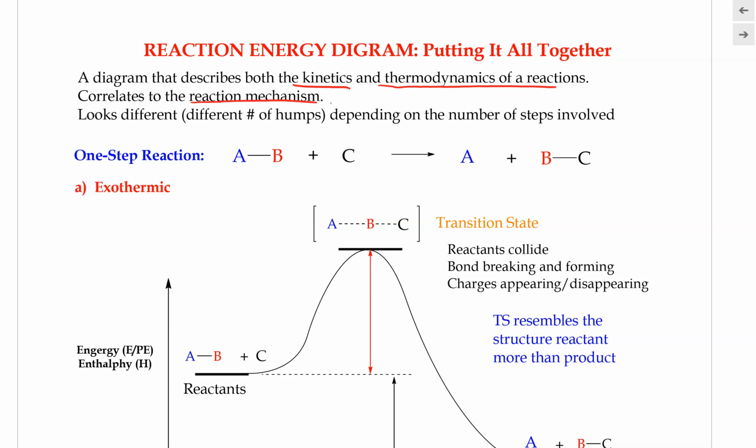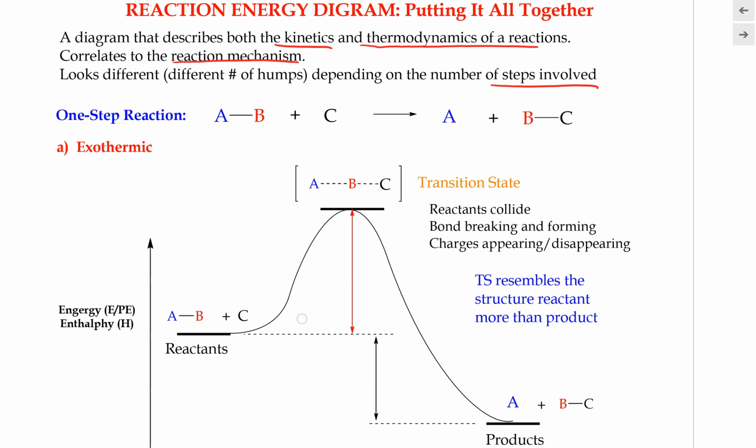We'll be taking a look at the different number of humps depending on the number of steps involved. Let's first learn how to construct the simplest type of reaction energy diagram, which is the one-step reaction. Here is an example of a generic one-step reaction, where we have A and B bonding together and then reacting with C.